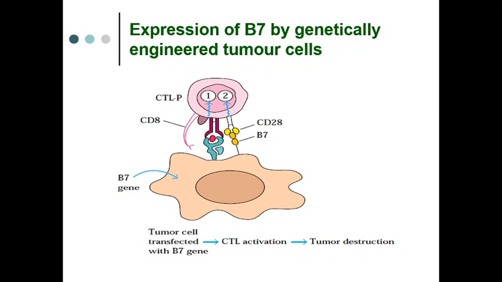All the tumors that are expressing B7 molecule together with class 1 MHC are now attacked by the CD8 T cells, and they bring about instantaneous cytotoxic T cell response or cell killing, and the tumor cell expressing B7 will now be killed by the CD8 T cell response, which otherwise would have been avoided by the tumor because there was no expression of B7 by the tumor cells itself.